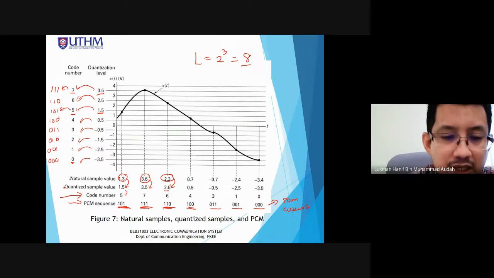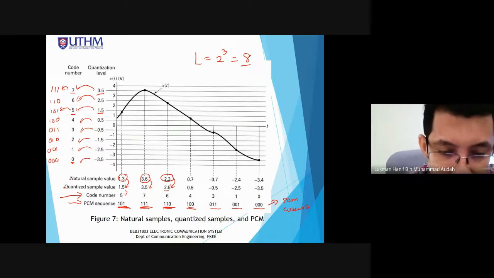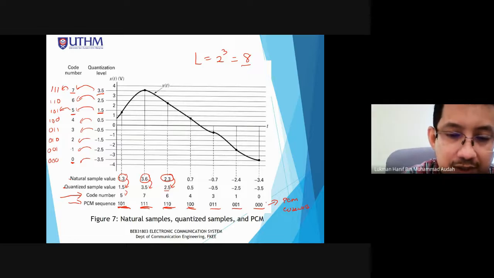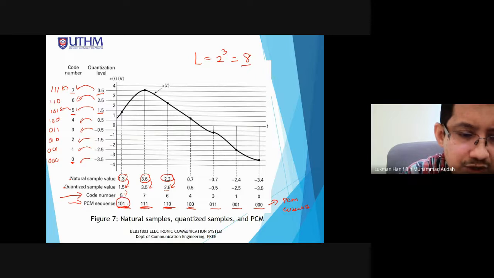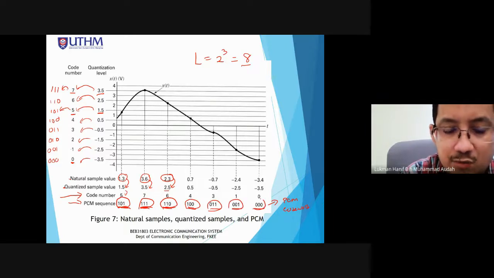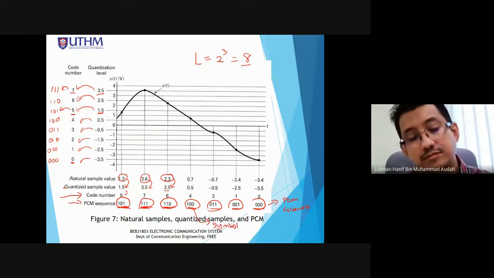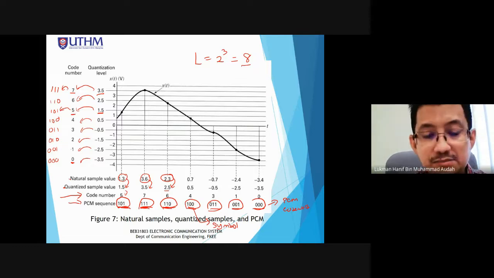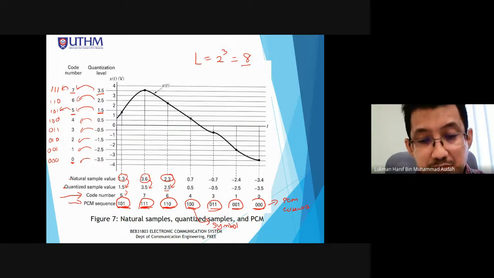Okay, and for your information, we have 21 bit of binary. Okay, and for each of these group of bits, this is what we call as symbol. Inilah yang kita panggil sebagai symbol, PCM symbol.